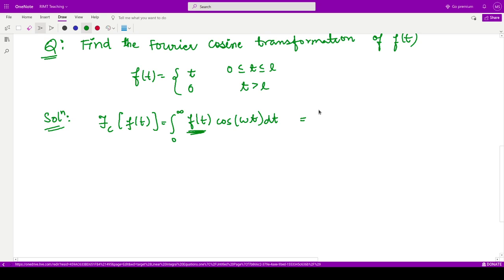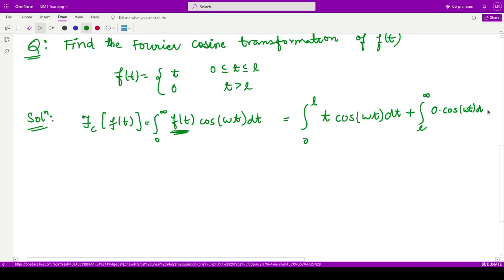So that means we can break it from 0 to L, where the function's value is t, so t cos omega t dt, and from L to infinity, the value of function is 0, so 0 into cos omega t dt. So this term is obviously 0. The integration of 0 is 0.